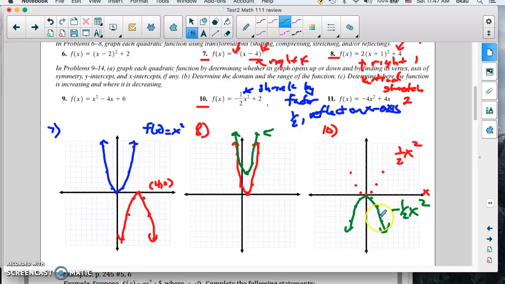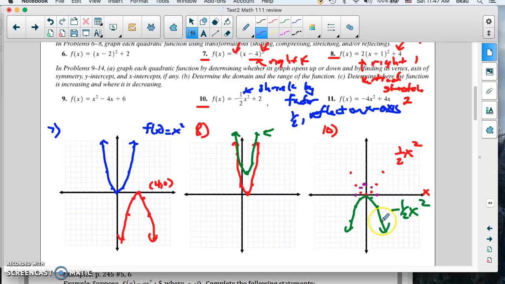Now we're just going to add 2 to that, so we just shift everything up 2. So our final one is going to look like this. We move this up 2 to here. We move this 1/2 up to a 1/2 here, and a 1/2 there on that side. This is 2, so it's going to go up and cross the axis instead, there and there.